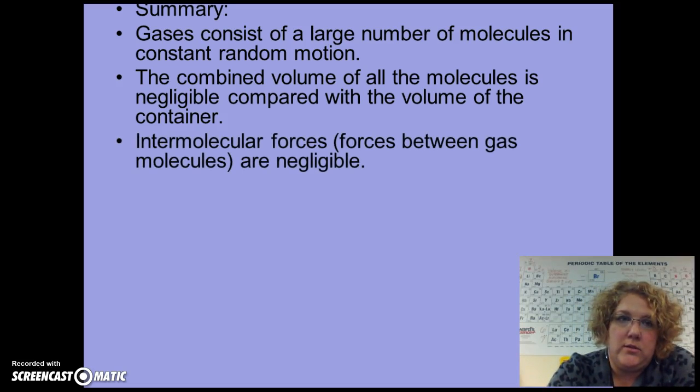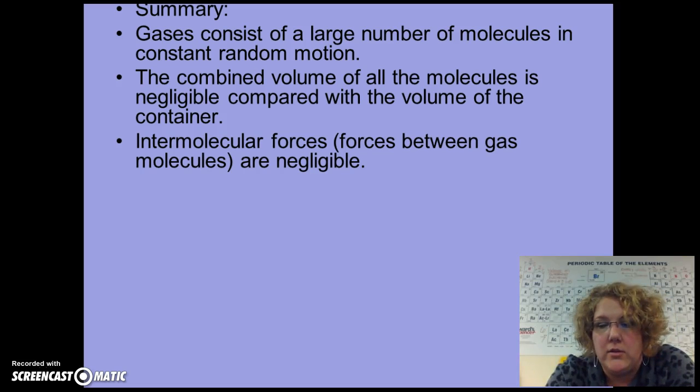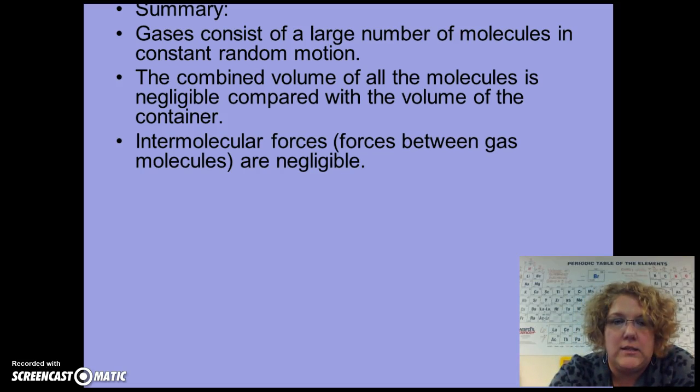All right, the other part of the kinetic molecular theory, which I'm just going to say KMT from now on, is kind of an assumption that we make, that the intermolecular forces, the forces between the gas molecules, are negligible.